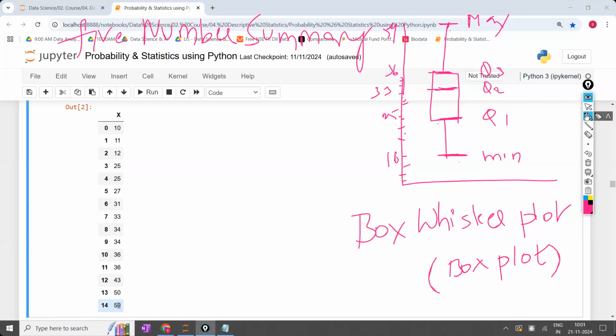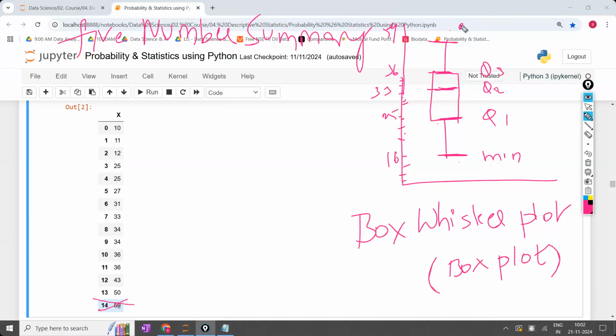The outlier will be kept as a dot. And after removing the 59, after keeping the outlier as a dot, what is the maximum value in the remaining data set? 50. So it will draw up to a height of 50 only as the maximum.